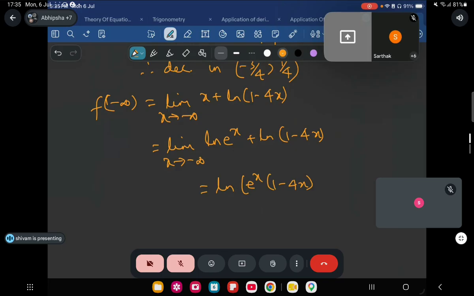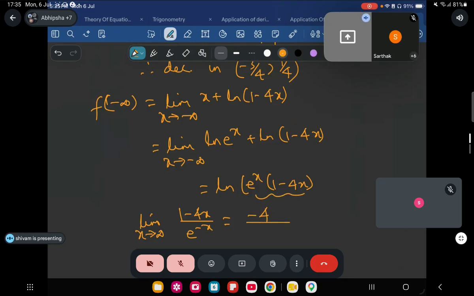Okay, so over here, what have we got? When you substitute in minus infinity, e to the power minus infinity is 0. 0 into infinity form. So I'm just solving this limit, limit x tends to minus infinity of 1 minus 4x upon e to the power minus x. Let us differentiate once. What do we get?